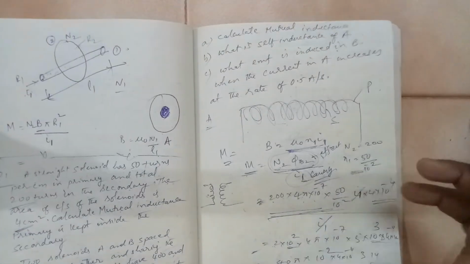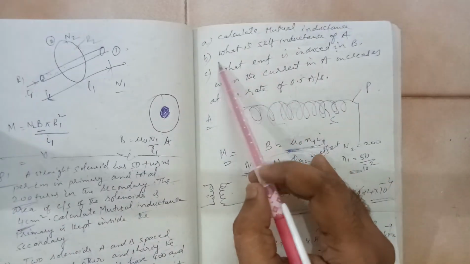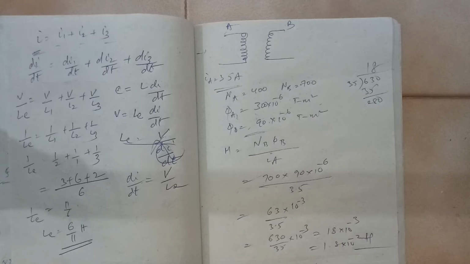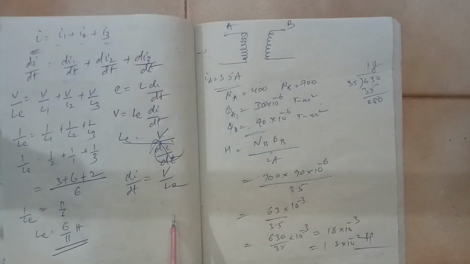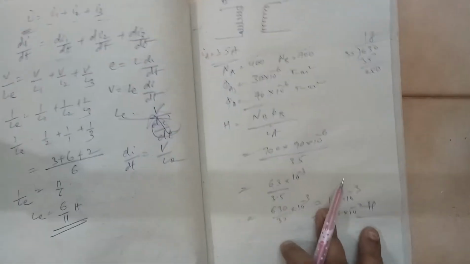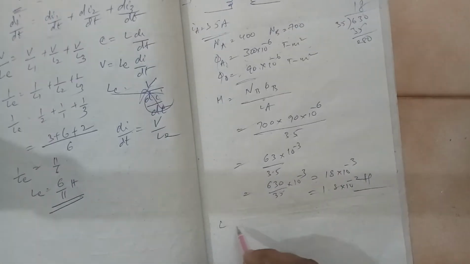Now, the second question says, what is the self-inductance of A? See, we have discussed the self-inductance concept. When the current is passed through, it will have its own self-induction. So we need to find out the value of L. L of what?